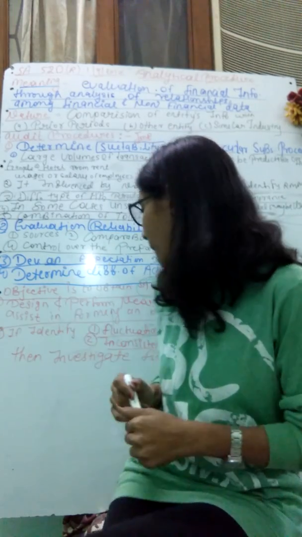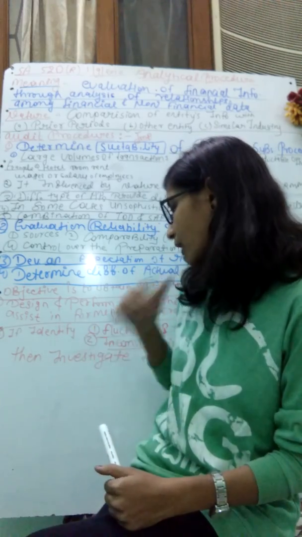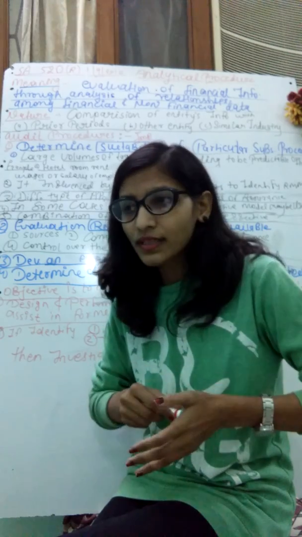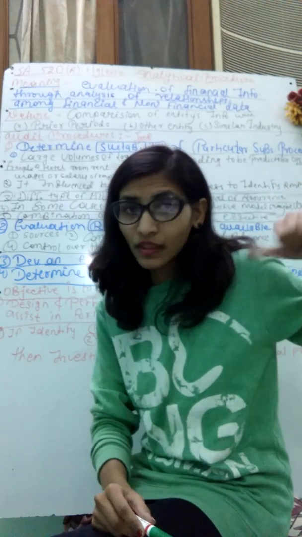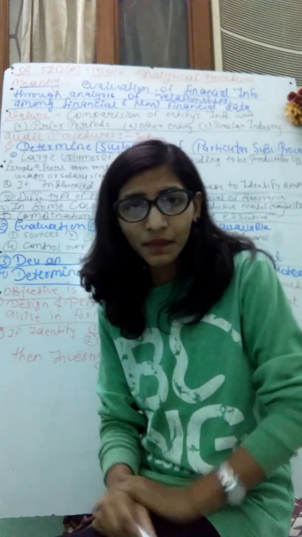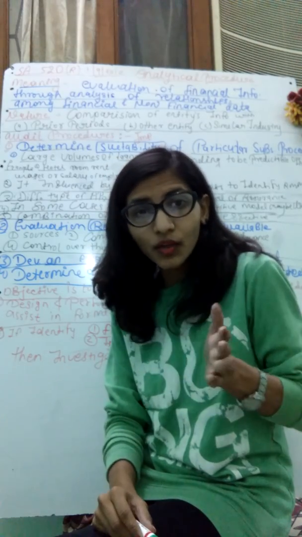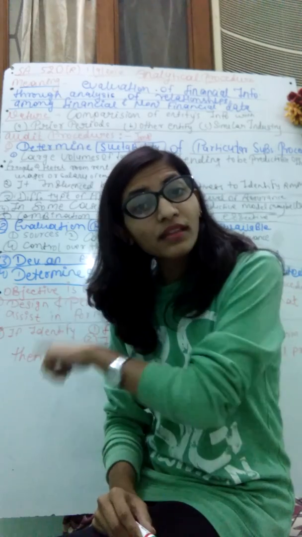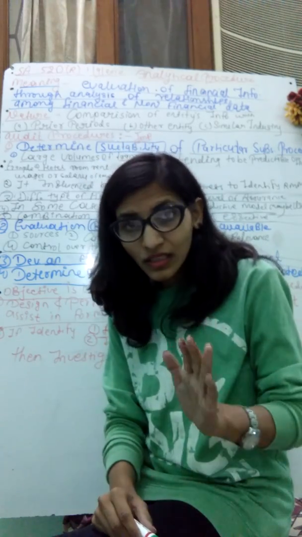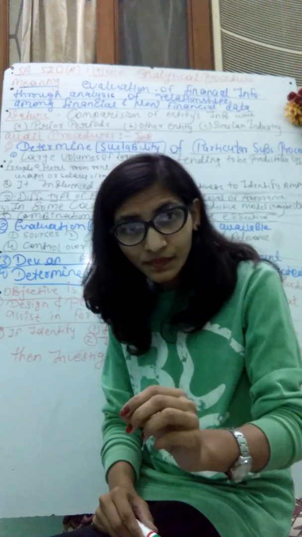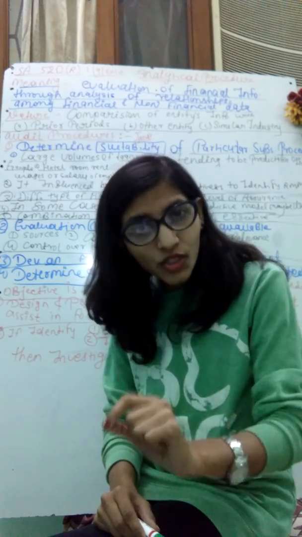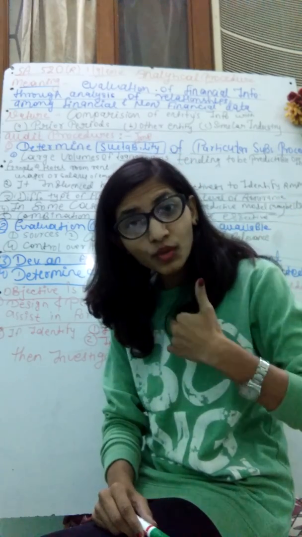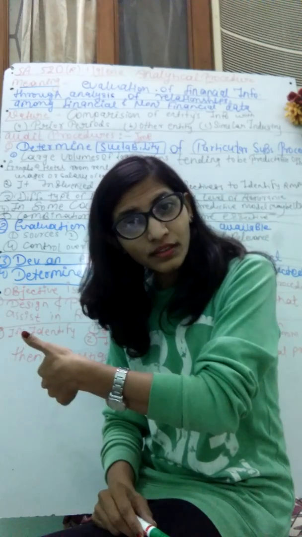Okay, then identify the fluctuations. If there are any fluctuations or inconsistencies, for example, yesterday I started a company named Buy Company, and my company's turnover is more than 2 times the Tata Industries. Is it a reliable figure? Is it a reliable ratio? I started a company yesterday and my turnover ratio is more than Tata Industry.